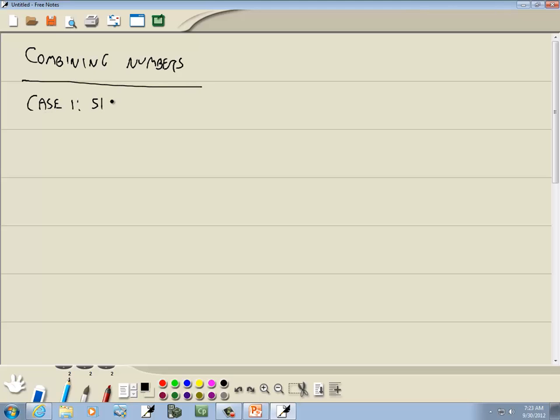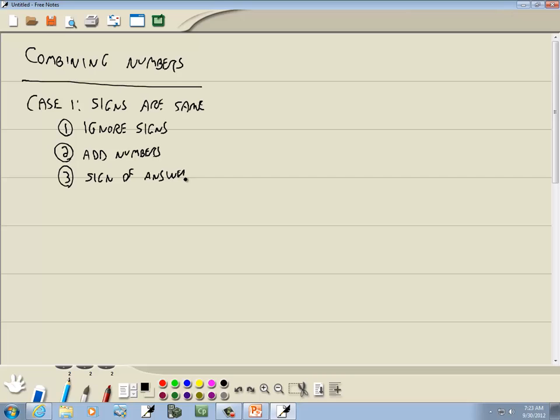Case 1, the signs are the same. They're both positive, both negative. What we would do is we would ignore signs. We would add the numbers. And the sign of your answer is the original sign.